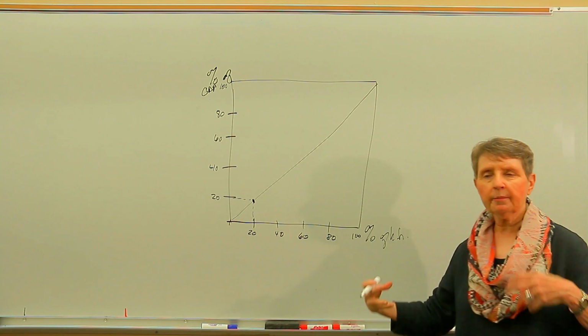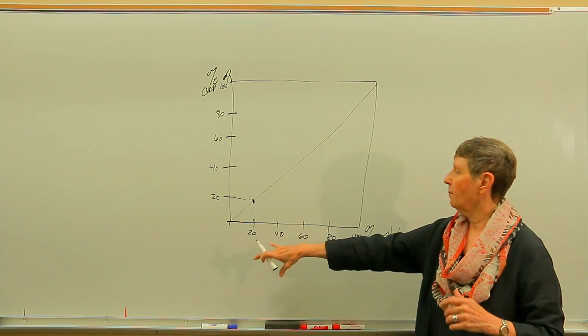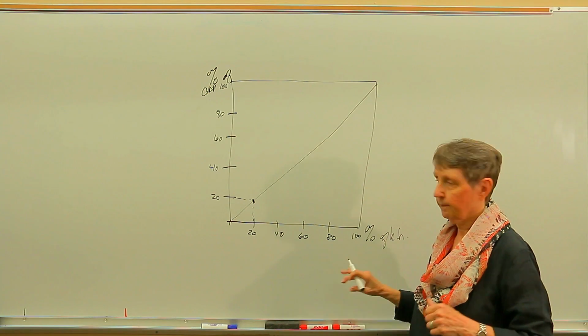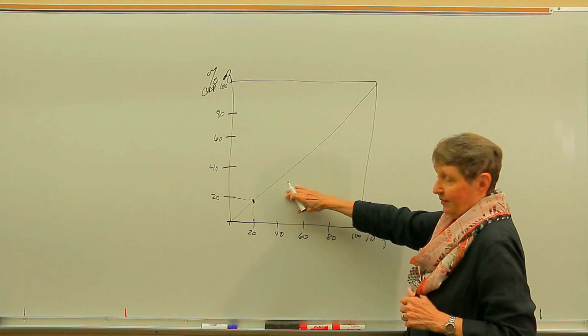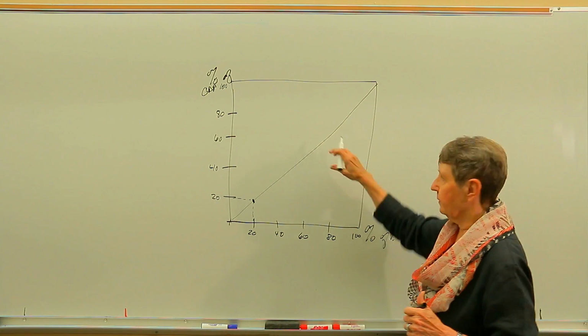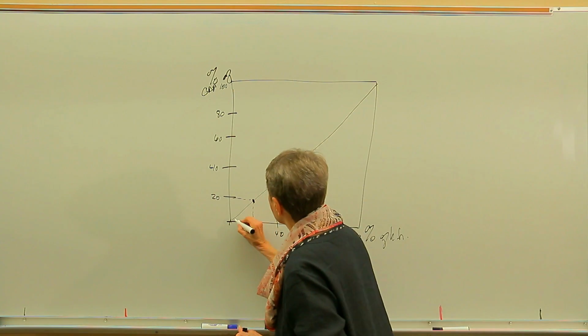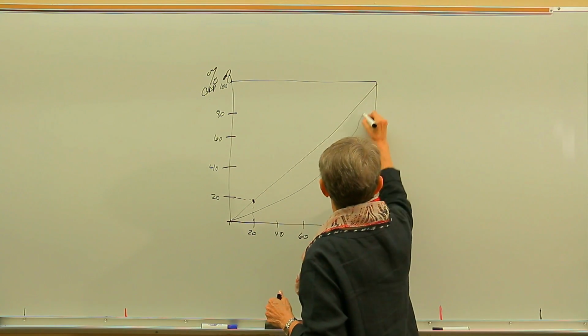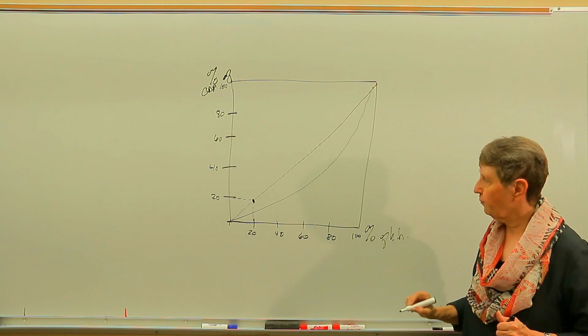In other words, income is distributed equally among households in the US. Now, there's no economy on this planet where income is distributed like that. In fact, income is distributed in this sort of bowed out fashion.